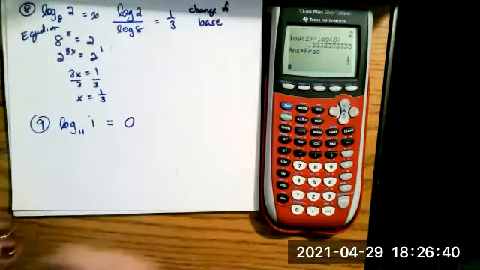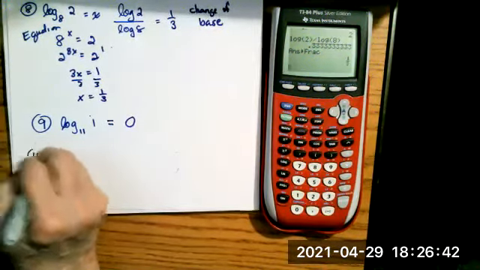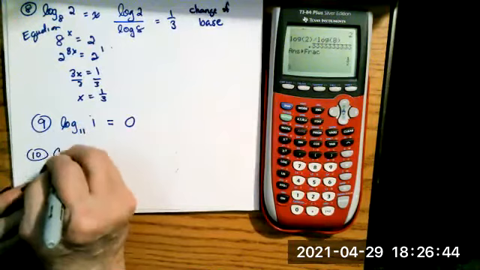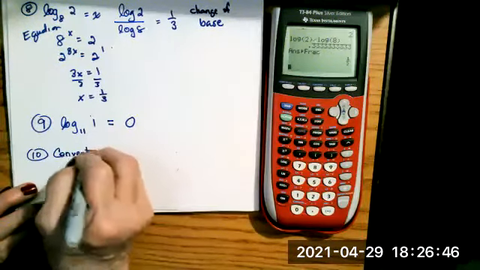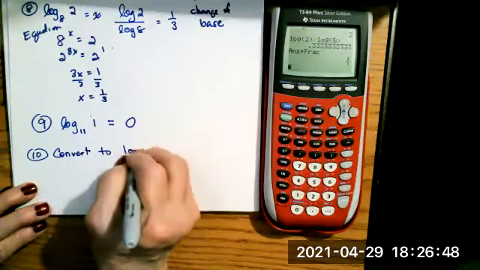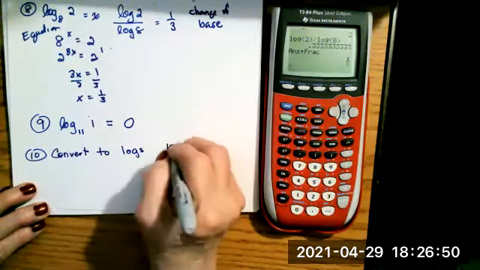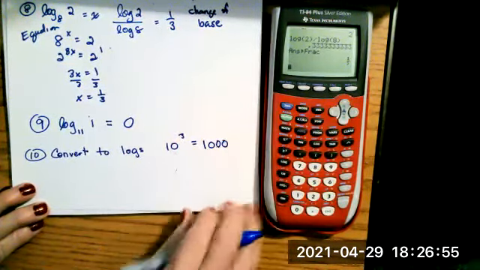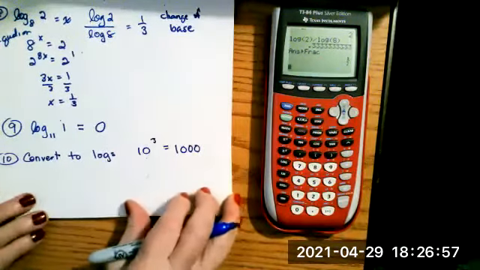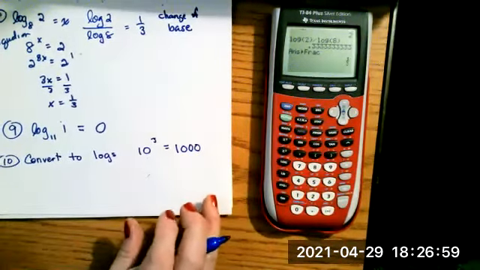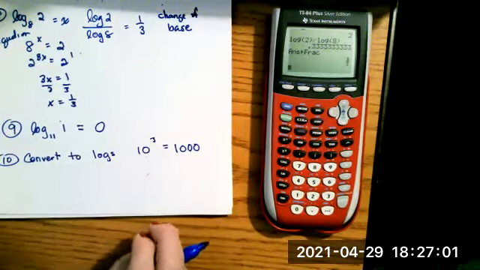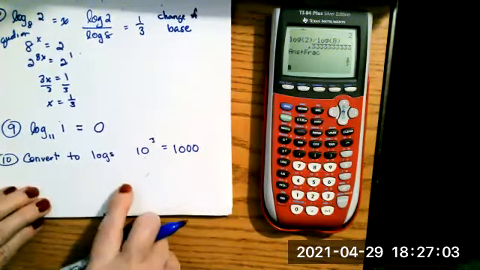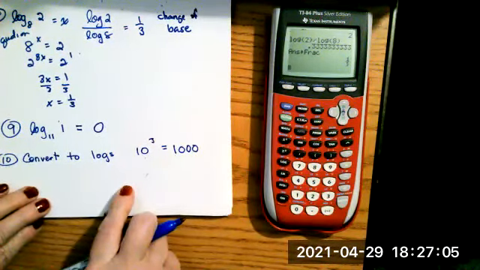Okay, let's look at 10. Number 10 does have some directions. It says convert to logs. So you have 10 to the third equals 1,000. Now, I don't know how well you're doing on these, but these seem to be a little bit of a problem for you to remember how it works.